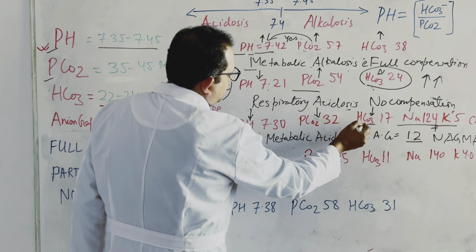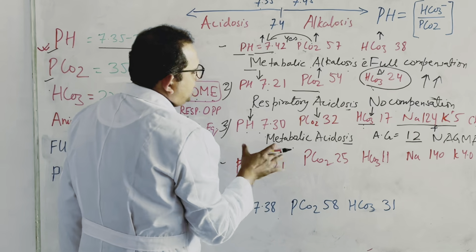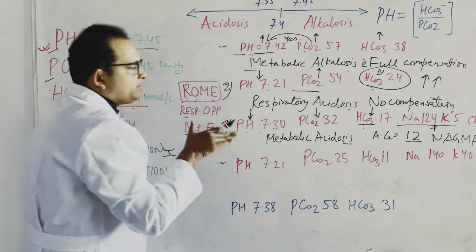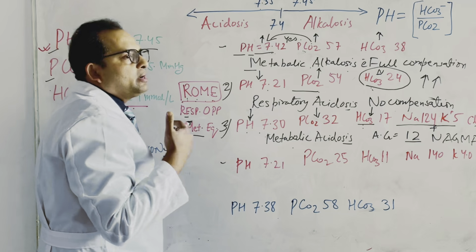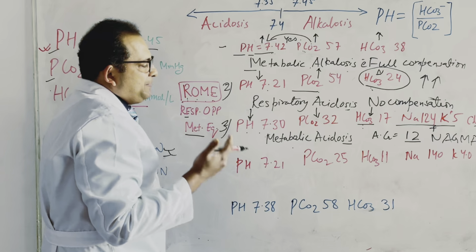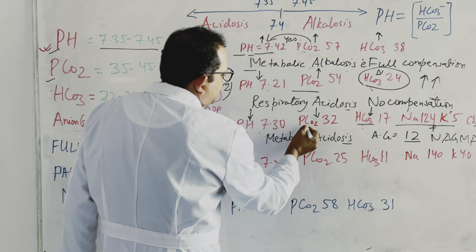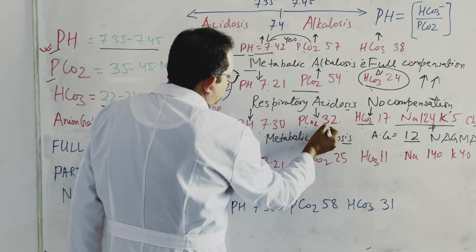When the HCO3 is low and acidosis is going on, then PCO2 should be low, to eliminate carbon dioxide from the body by hyperventilation. So is the PCO2 low? It is low actually, on the lower side.